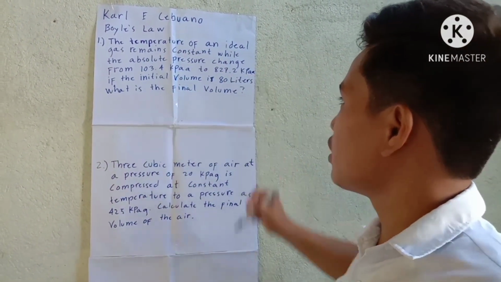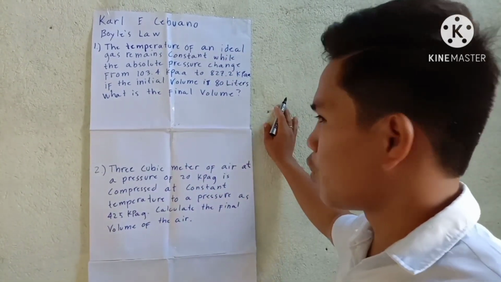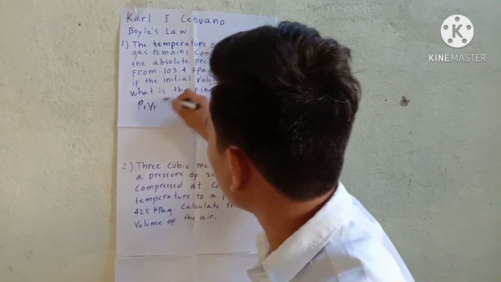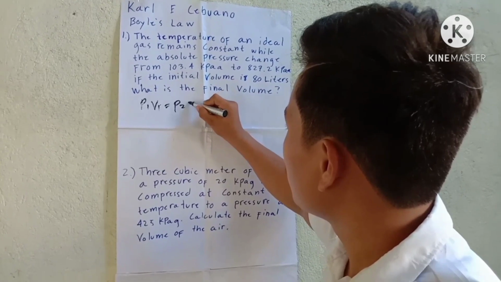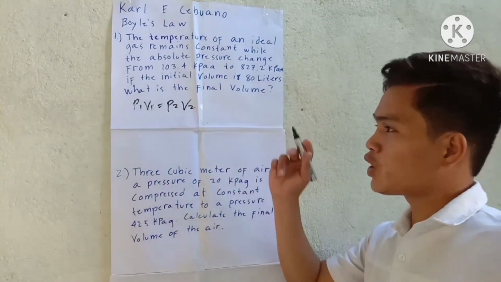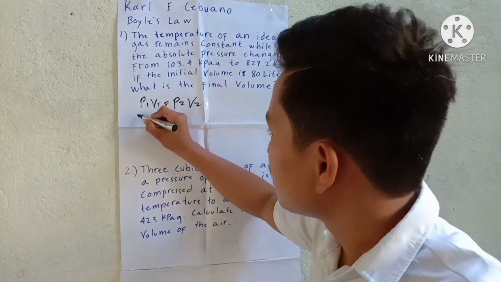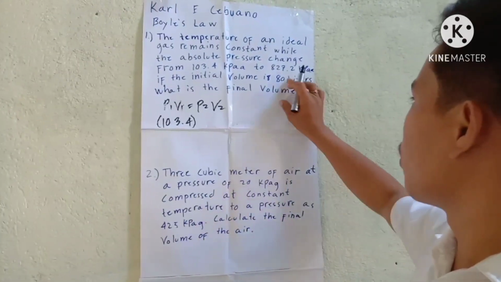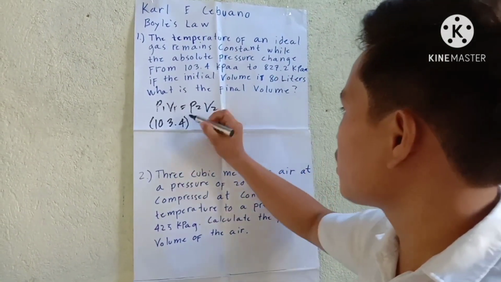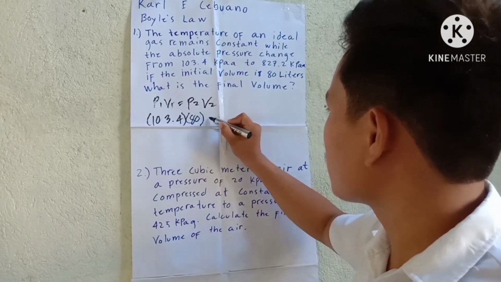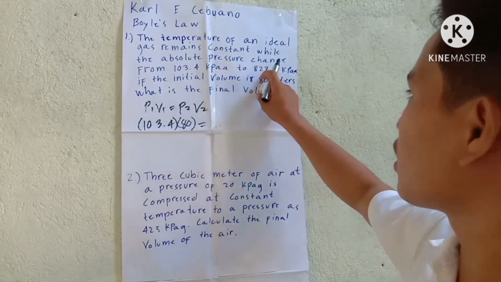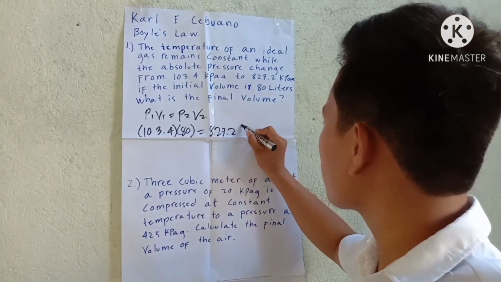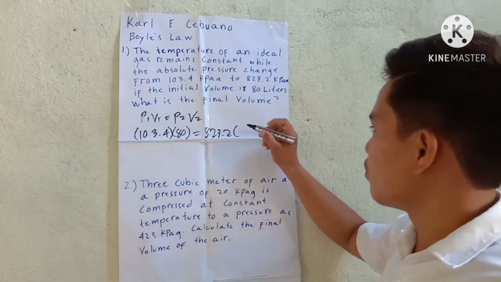Since the temperature remains constant, we need to use the formula P1 V1 equals P2 V2. So pressure 1 is 103.4 kPa times volume 1, 80 liters, equals pressure 2, 827.2 kPa, times volume 2.